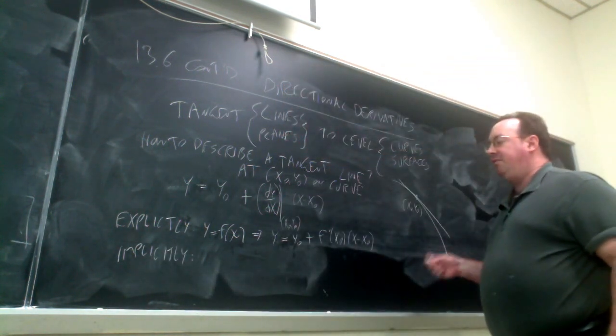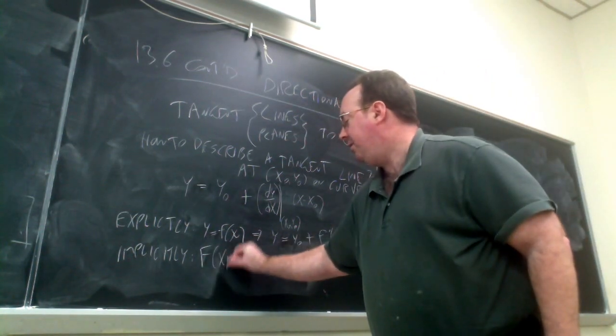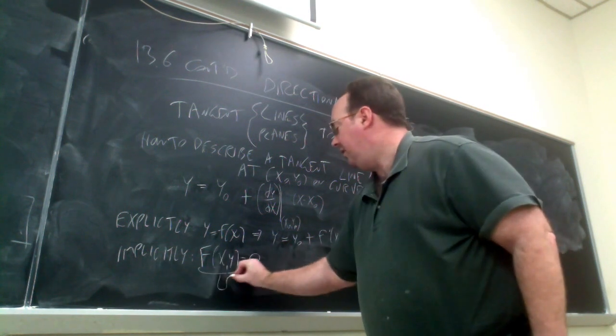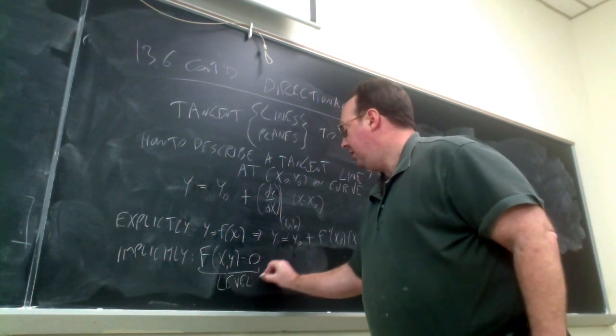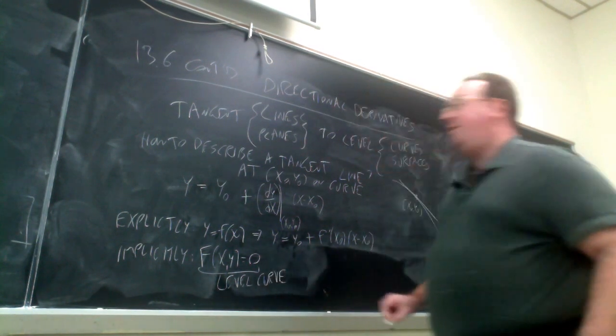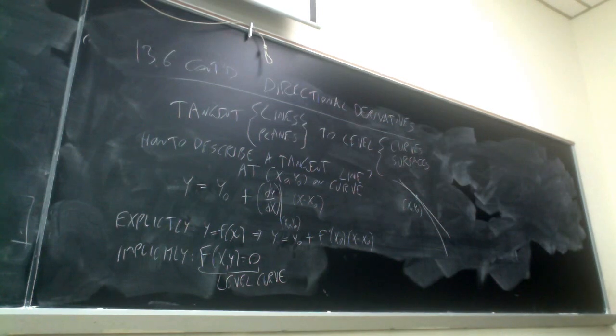Implicitly, instead of y equals f of x, you have some other function, big F of x, y equals 0. So this is a level curve that implicitly describes y as a function of x.